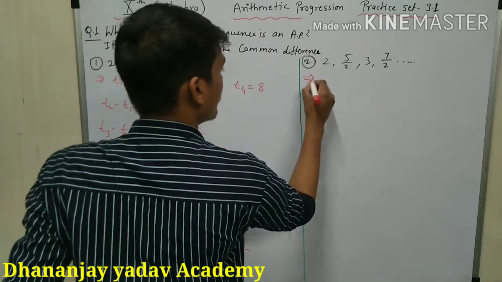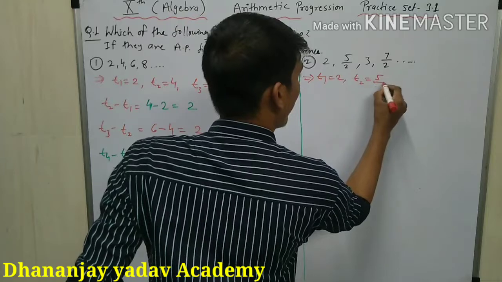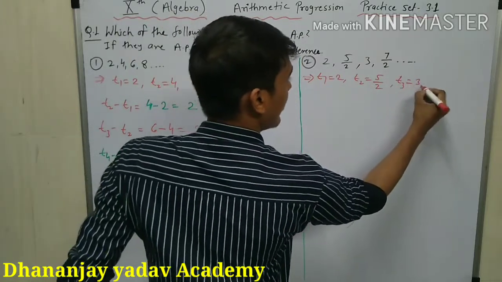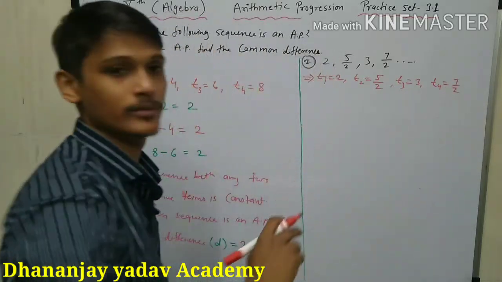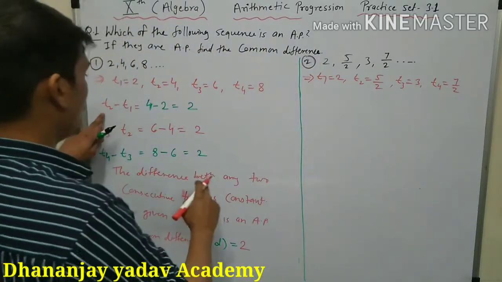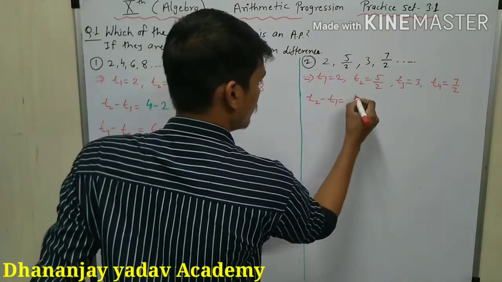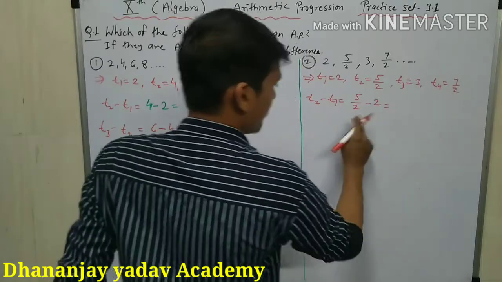First you can write down here, T1 is equal to 2, T2 is equal to 5 upon 2, T3 is equal to 3, and T4 is equal to 7 upon 2. Understood? Now first, T2 minus T1 is equal to 5 upon 2 minus 2.